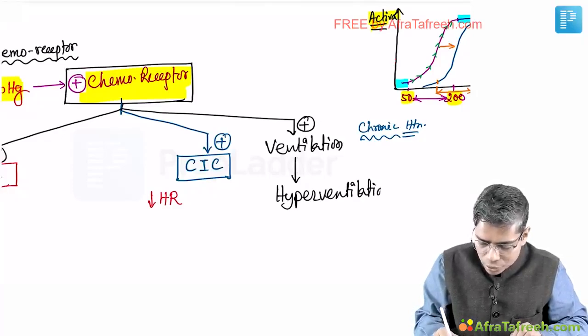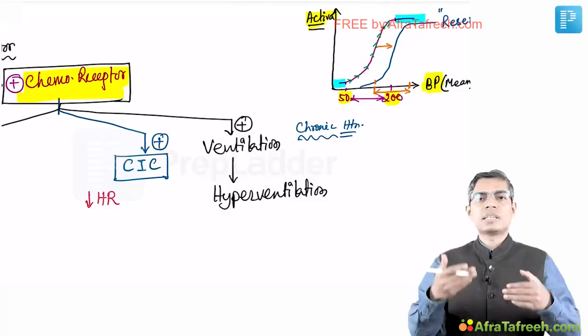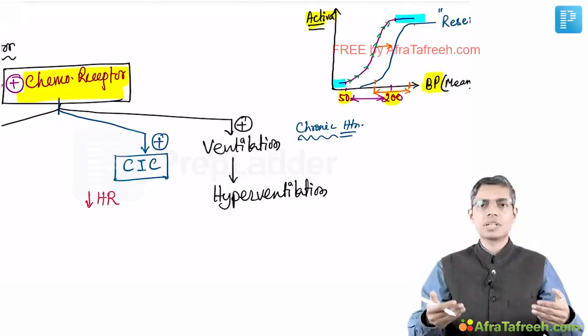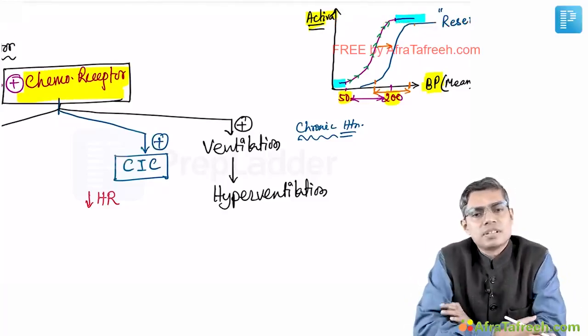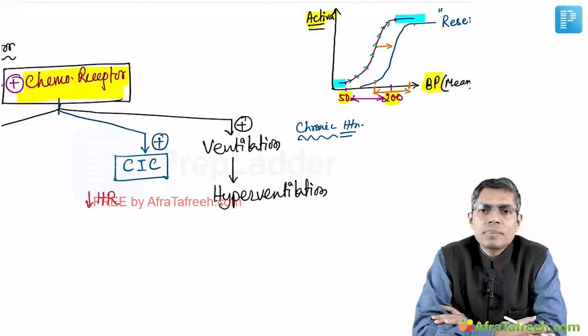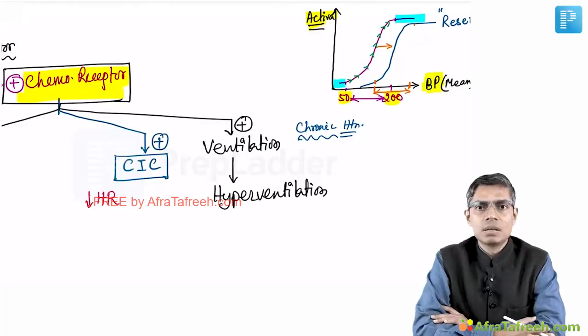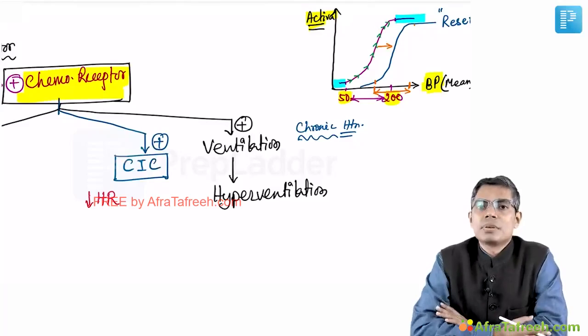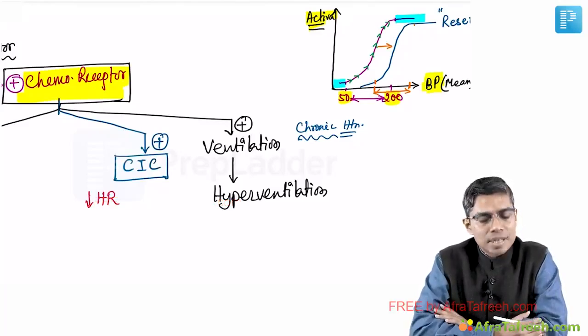These related things we are going to discuss in respiratory physiology, respiratory regulation. That's why if the person is suffering from hypoxia, what will happen? The person will start hyperventilating. So that is the main effect of chemoreceptor stimulation, because chemoreceptor is stimulated by hypoxia, right?